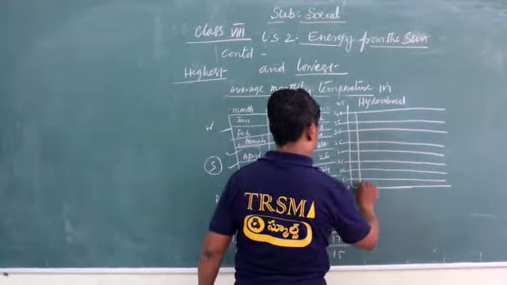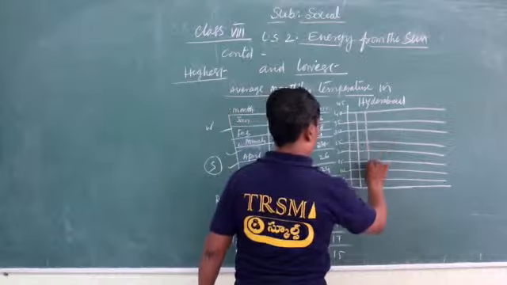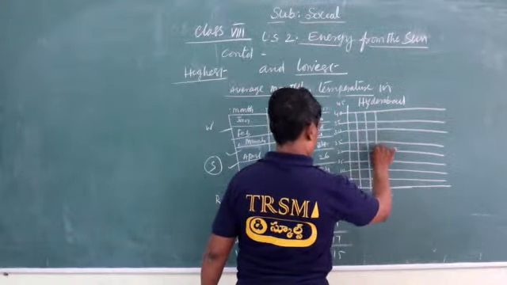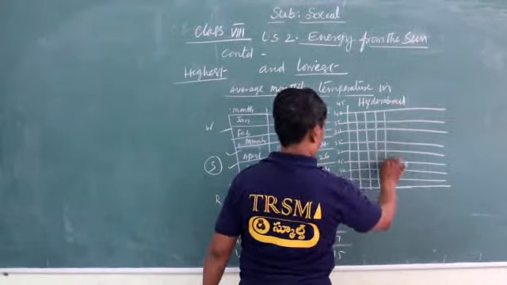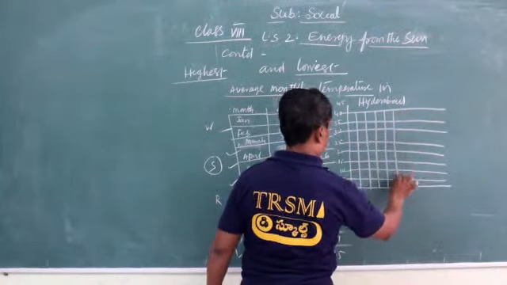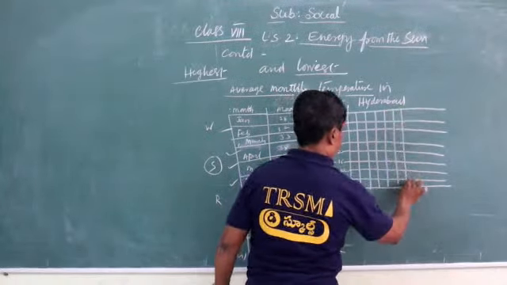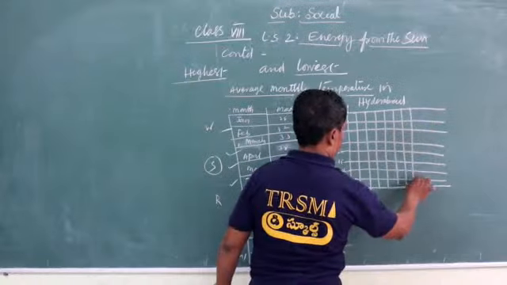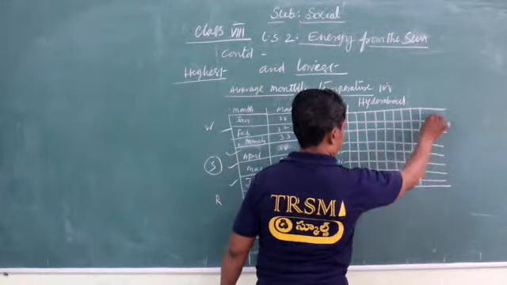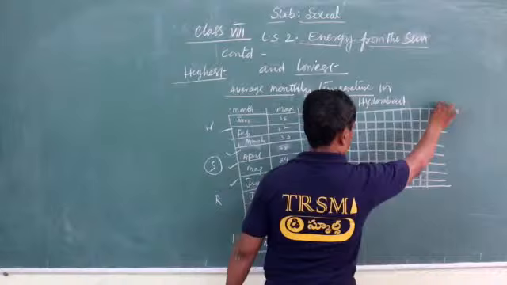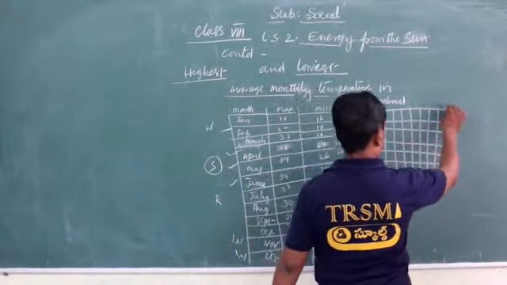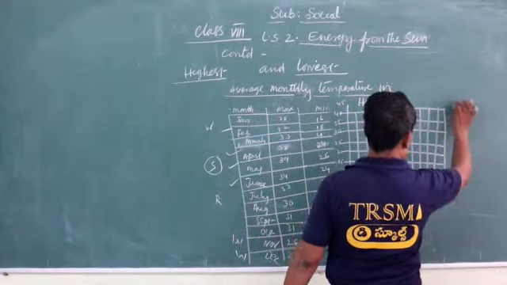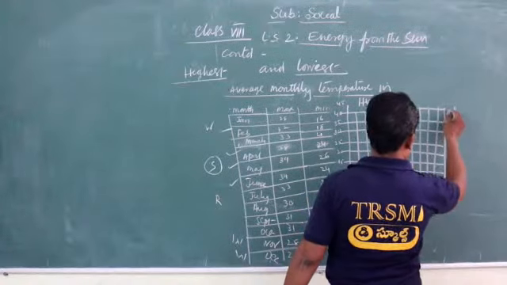First one, January, February, March, April, May, June, July, August, September, October, November, December.